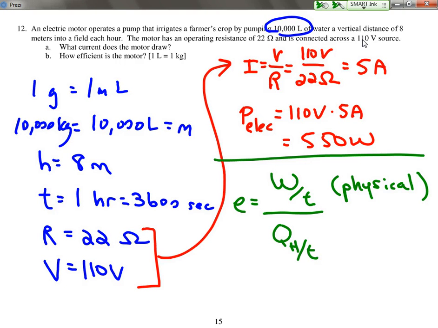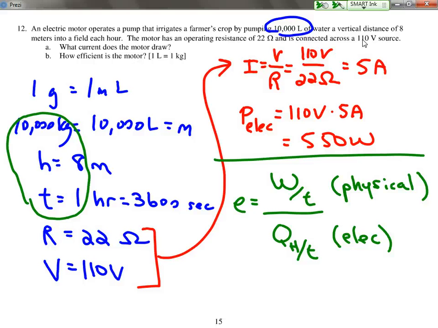In this case, that's divided by the amount of energy that's put in, which is electrical energy. So if I want to solve for the efficiency, I need to solve for the physical work using this information and divide that by my electrical power. So I need to solve for the physical power divided by the electrical power.